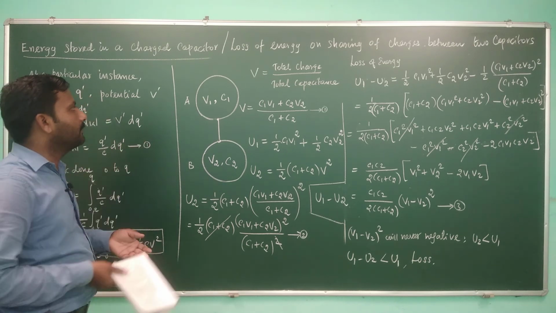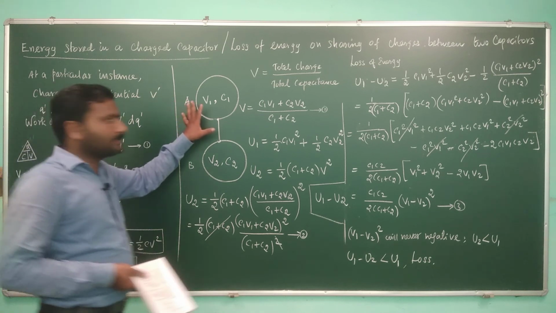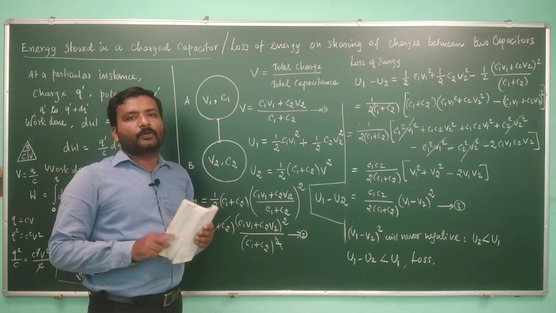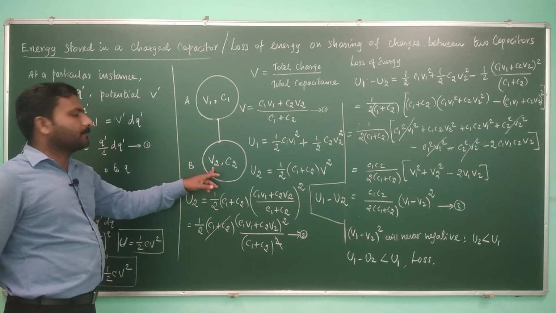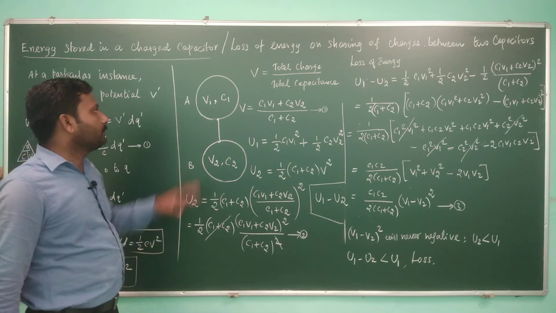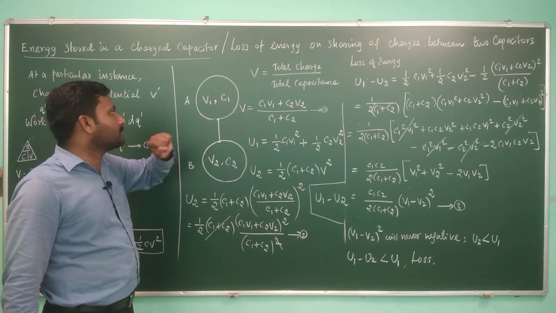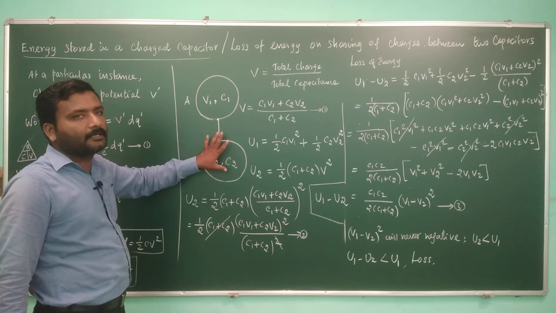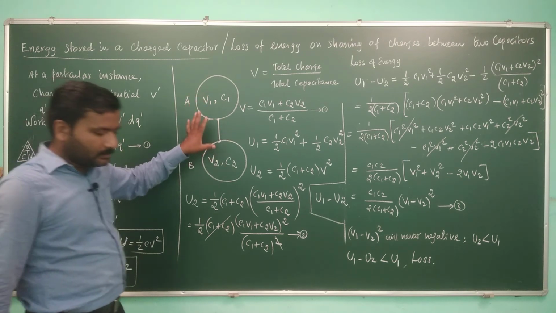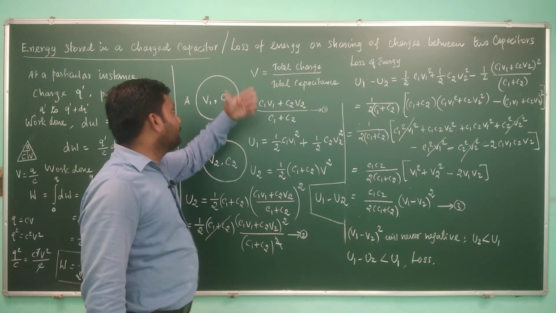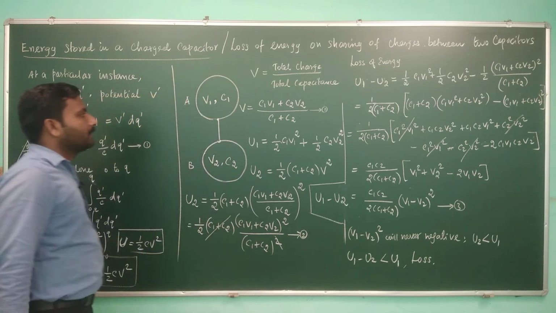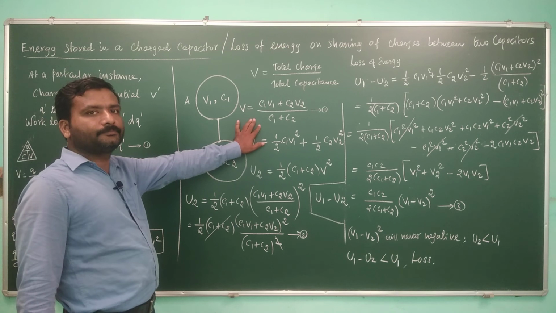What is the essential idea? We have considered two capacitors, one with potential V1 and capacitance C1, another with potential V2 and capacitance C2. We are calculating the total charge when these two are in contact. When these two capacitors are in contact, they will have a common potential that we can calculate using the total charge by total capacitance with this formula.